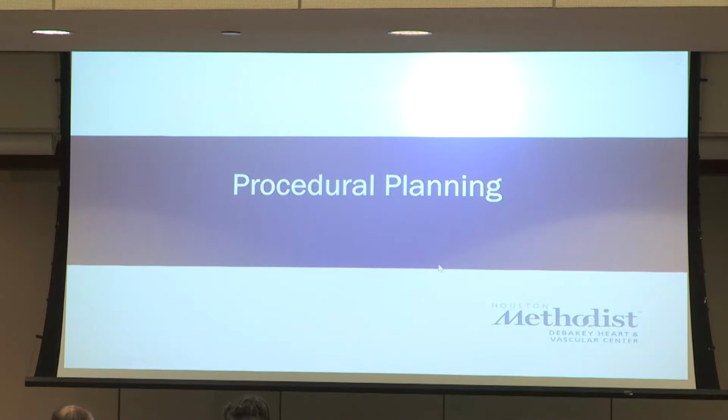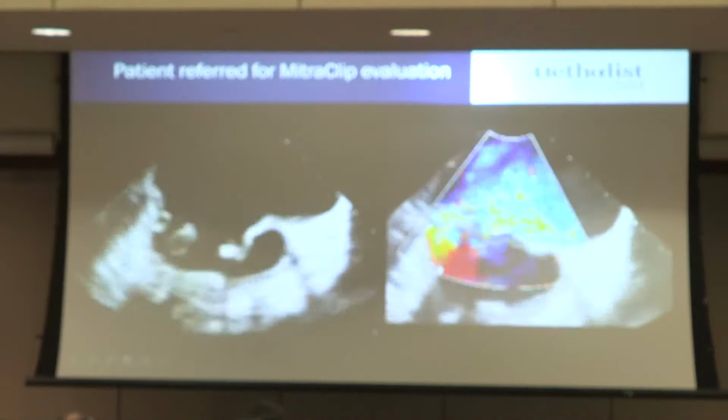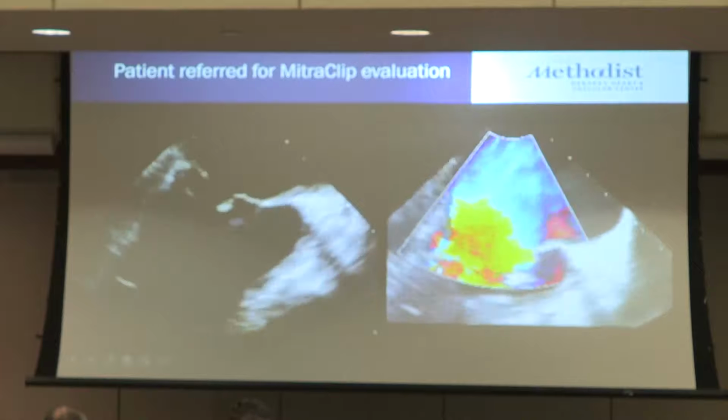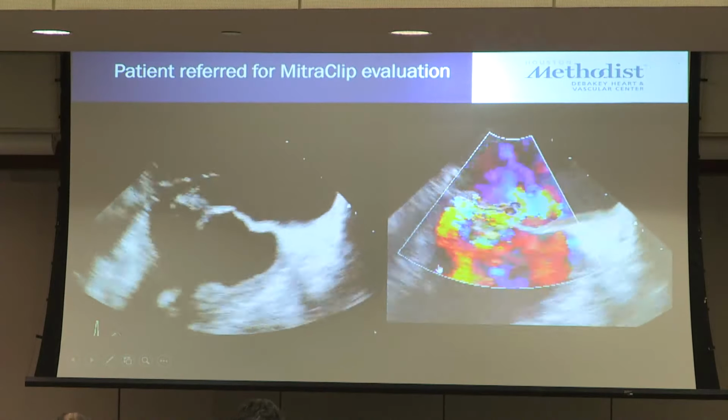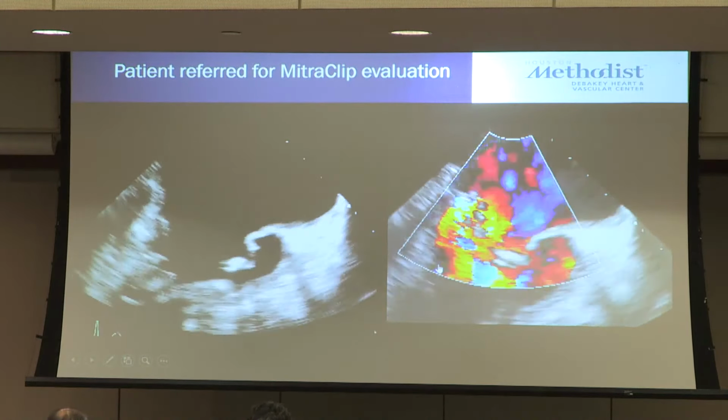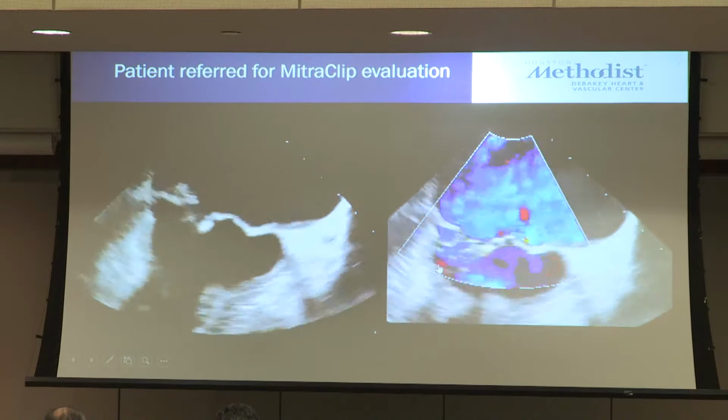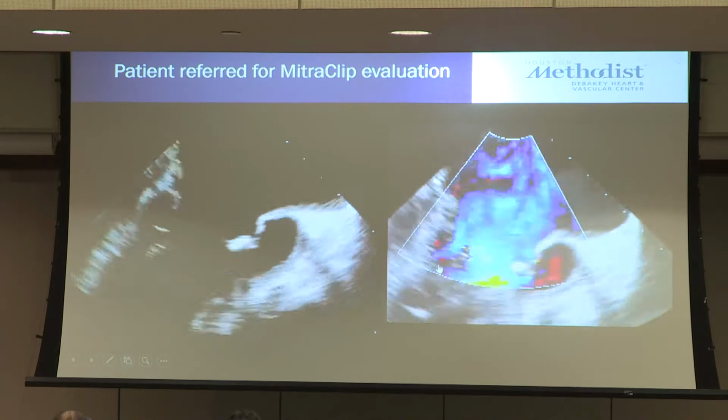Now, how is 3D echo important in procedural planning? This was a patient who was referred to our valve clinic for evaluation for a mitral clip procedure. He had an outside TTE with no use of 3D imaging, and it reported a P3 flail, which we could obviously see.